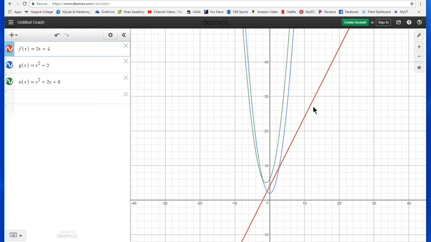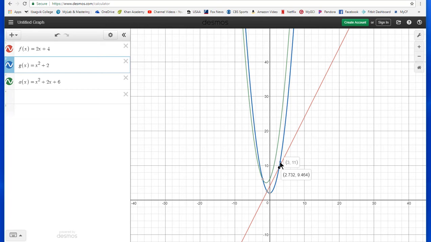All right. Now, whenever we went through there and we plug in a value, so let's say that we looked at the value of 3. We got a value of 10 for my f of x. And whenever I looked at 3 on g of x, I got a value of 11.